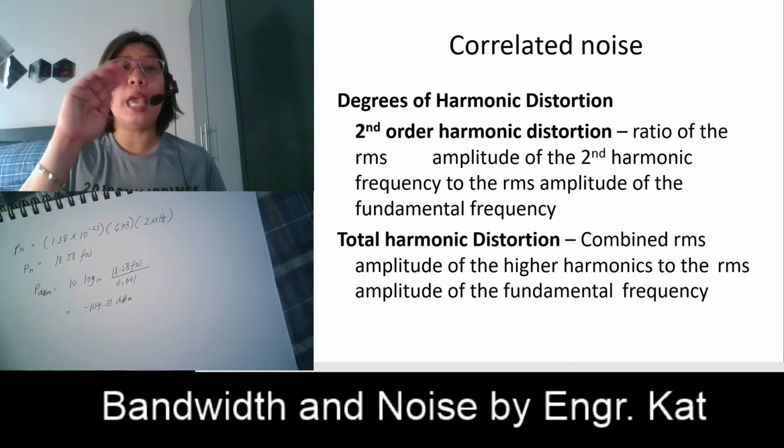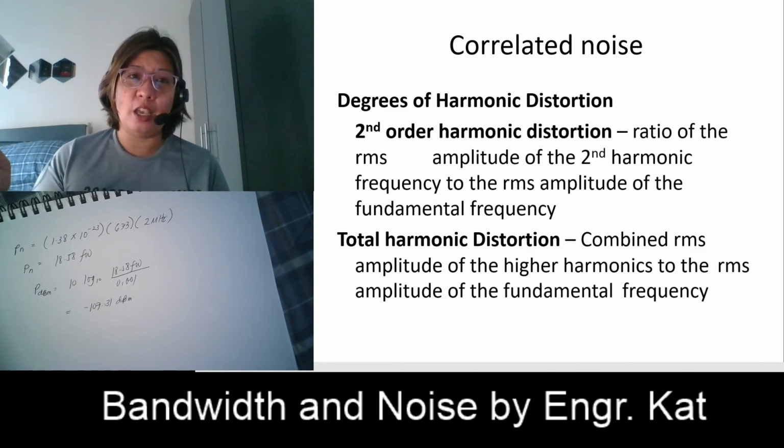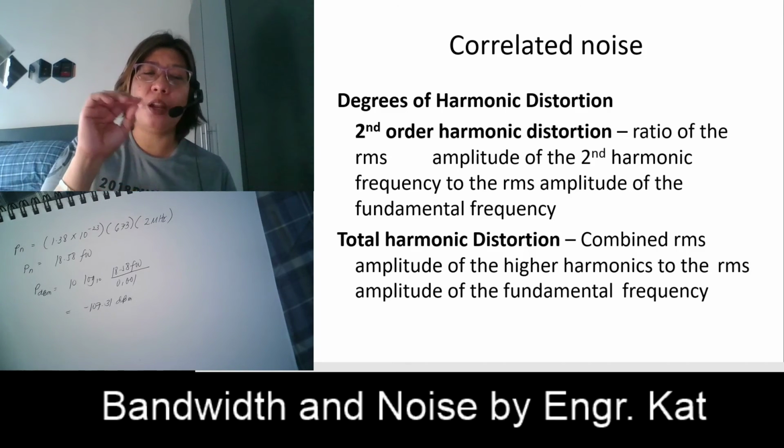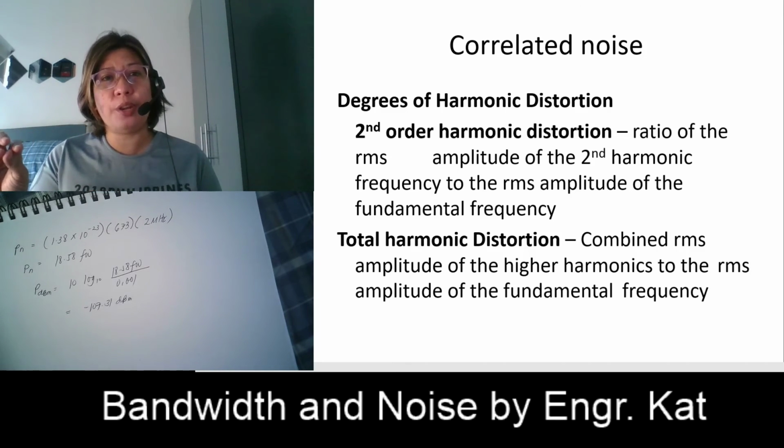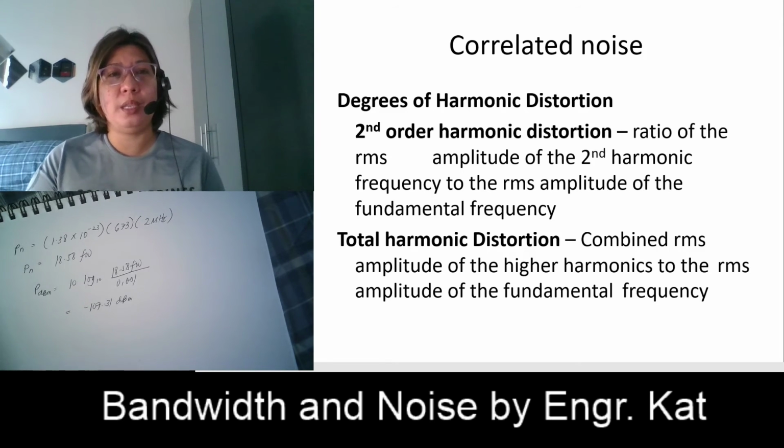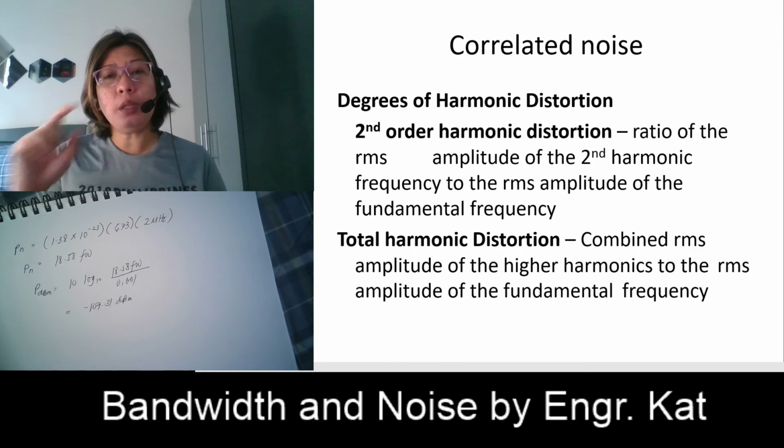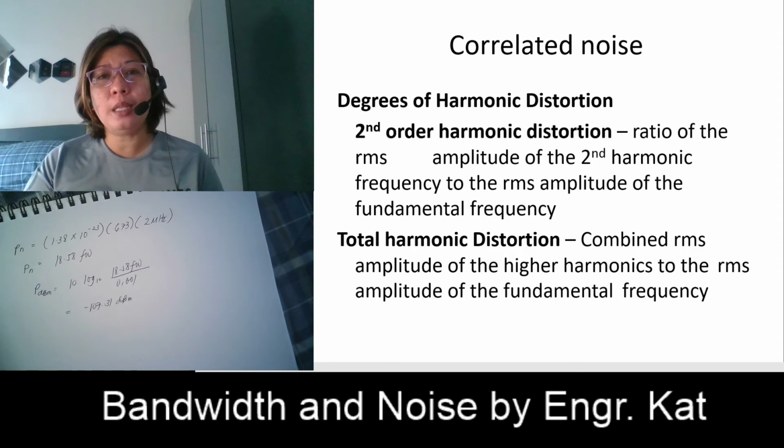Although the harmonics are infinite, their amplitudes decrease and become almost insignificant. The total harmonic distortion is the combined RMS amplitude of the higher harmonics relative to the RMS amplitude of the fundamental frequency.